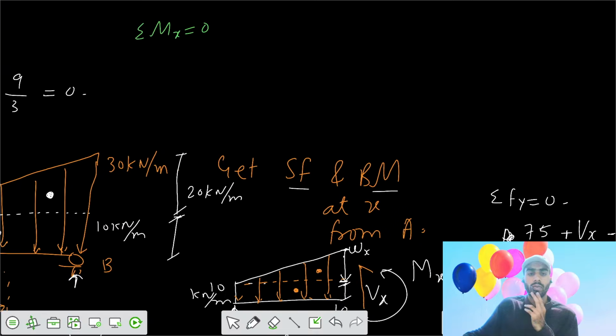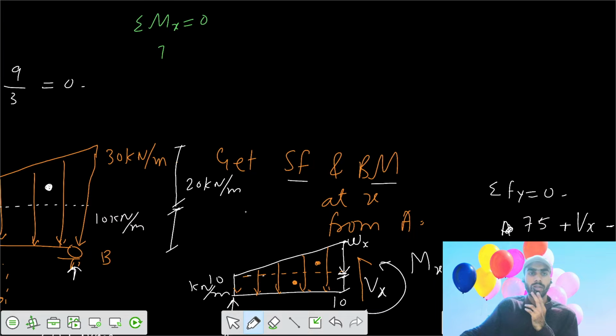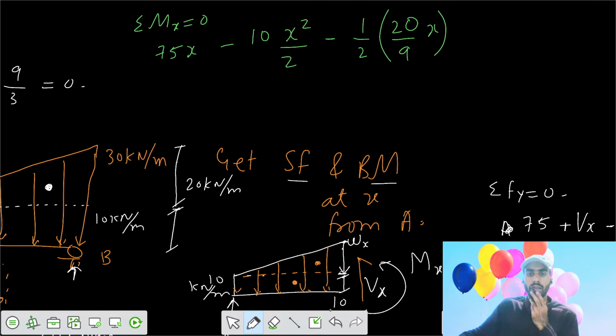So we have clockwise 75 into x, plus minus the loading intensity: for the rectangular part UDL, we have 10x squared by 2, and for the triangular part we have the area of that triangle equals to half of wx. Your wx was 20/9 of x, and your length is x.